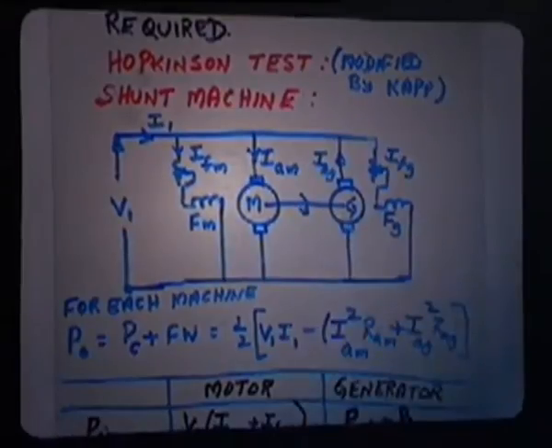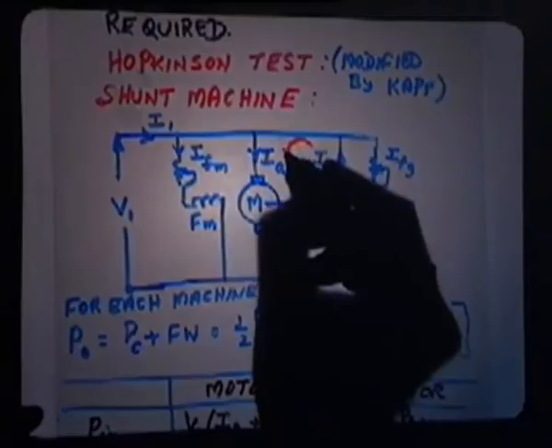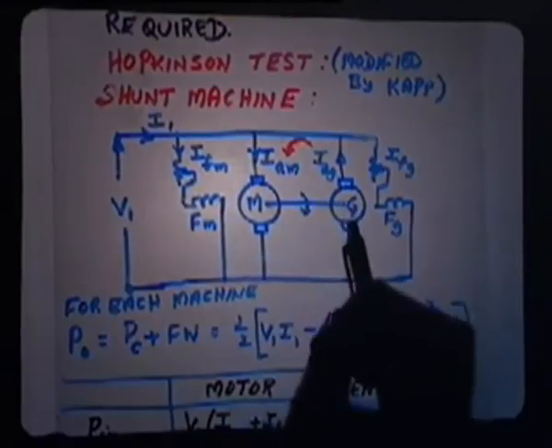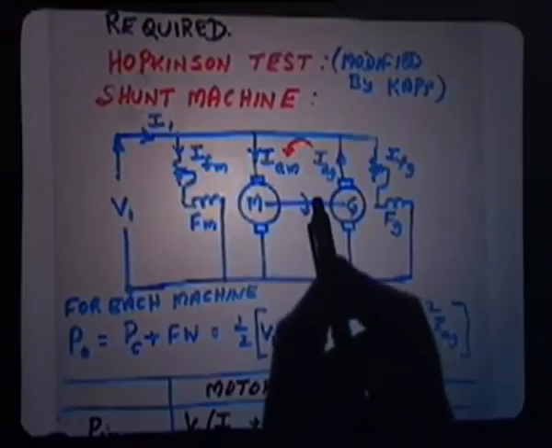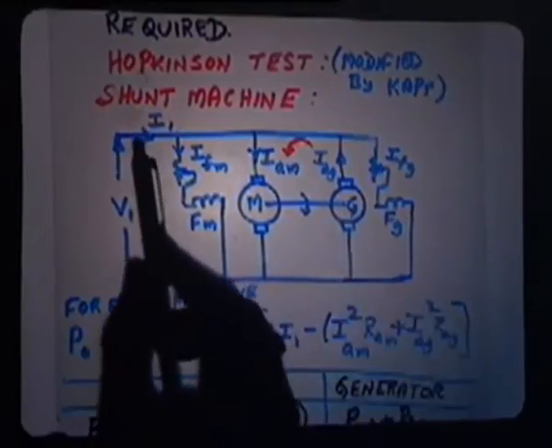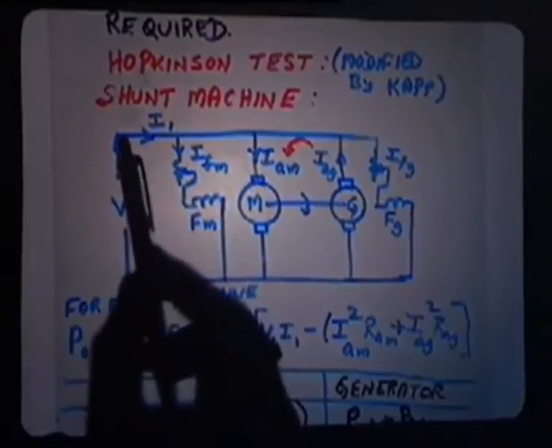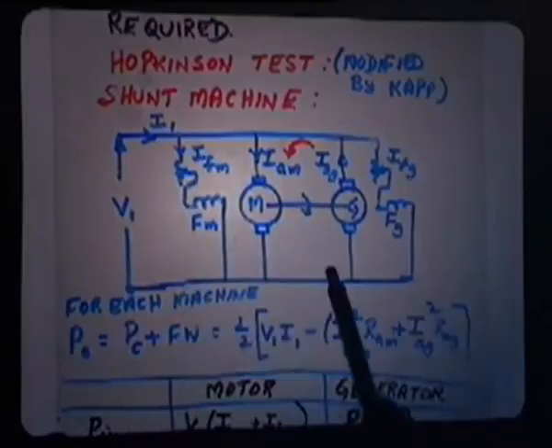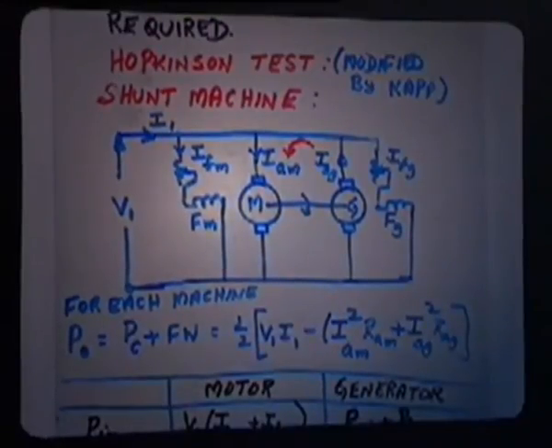Now, the current flows here like this, and this adjustment will only provide the load current or the armature current, whereas this I1 will be providing some additional losses. So, V1 I1 will be providing whatever losses are required for this system, which can be used for calculation.